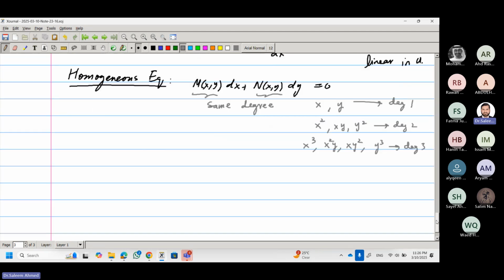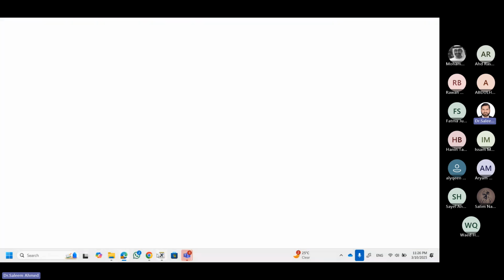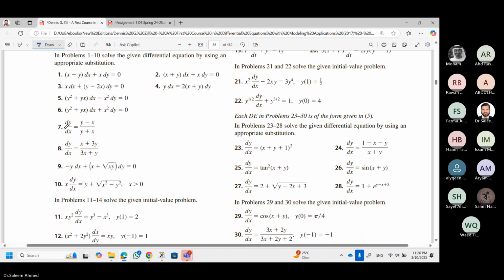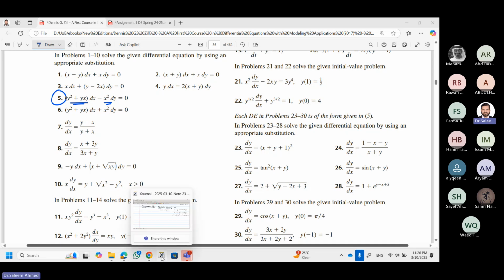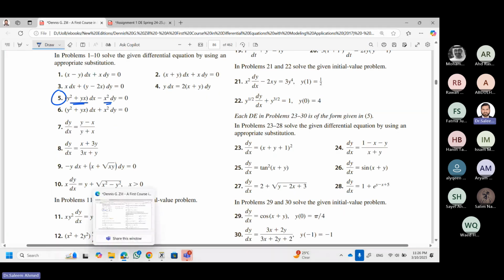So when this is the case in a homogeneous equation, let me directly do the example here. I wrote 5, right? So this one. You see y square plus yx dx minus x square dy.